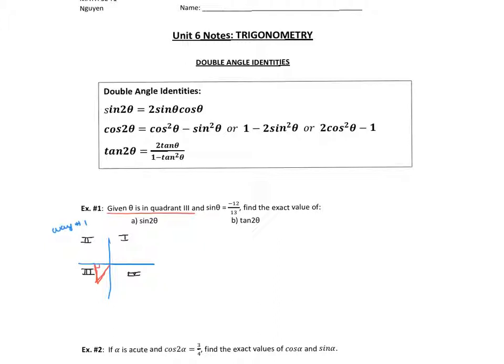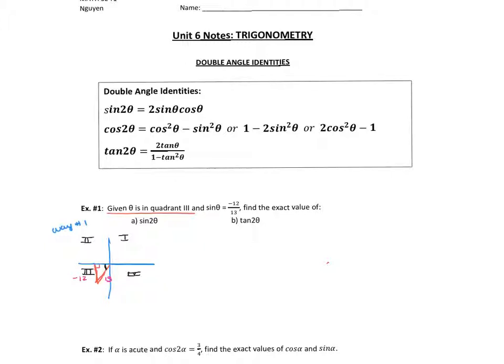So your sine theta, if we're looking at this angle, is negative 12 over 13. Well, that's SOHCAHTOA, right? Opposite over hypotenuse. So you have negative 12 over 13. The sign has to be negative. And the sign is the y value, right? So does that make sense that the 12 is negative?